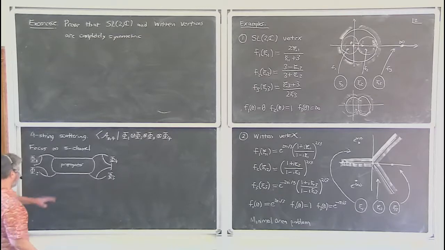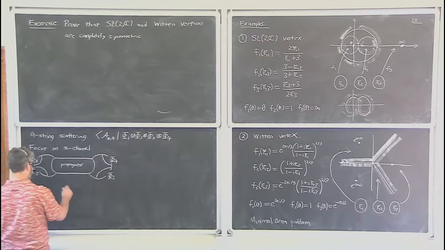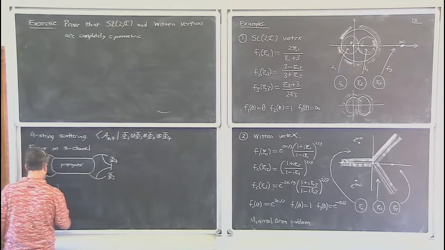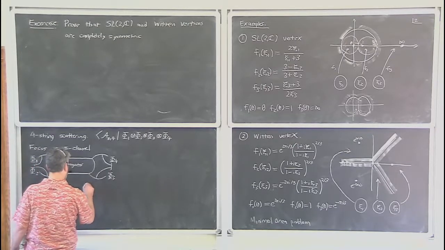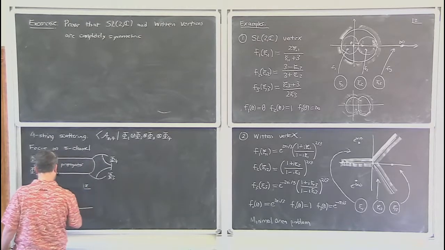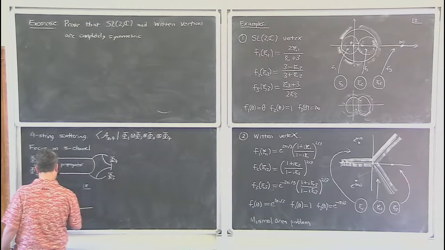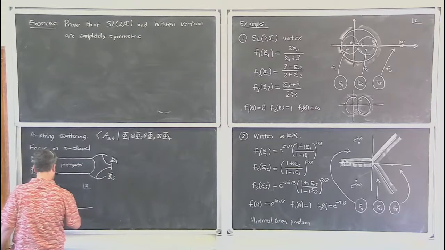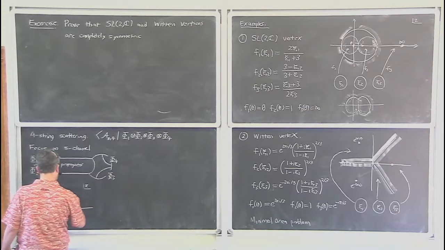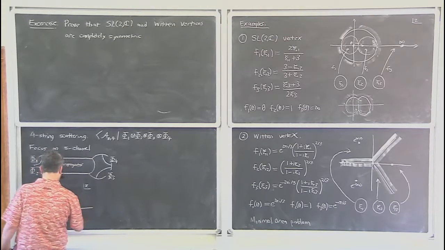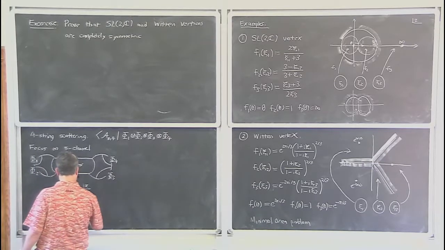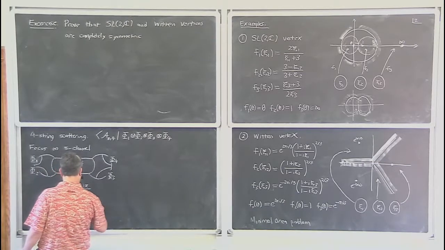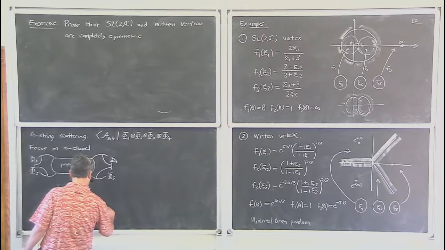And then, this diagram will correspond, in the usual z coordinate on the moduli space, to the limit where the phi 2 puncture approaches the phi 1 puncture at the origin. There's a phi 3 puncture here and phi 4 at infinity.